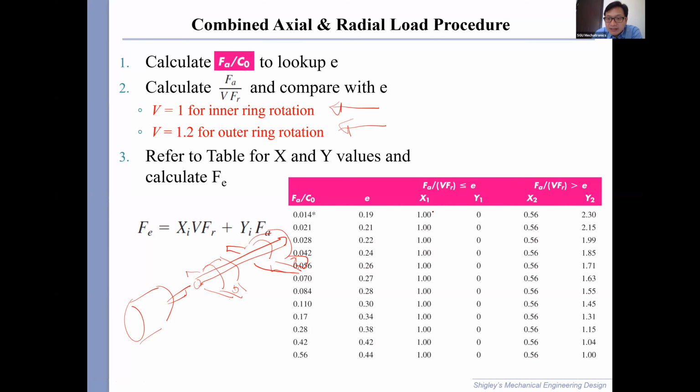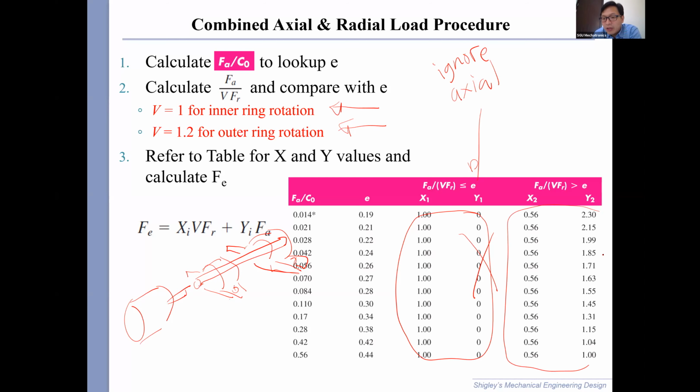You notice that if it's less than E, then the axial, which is Y1, basically has no effect. This means I can ignore my axial component if it's less than E. If it's greater than E, then I will combine it this way. So we will do this calculation problem.